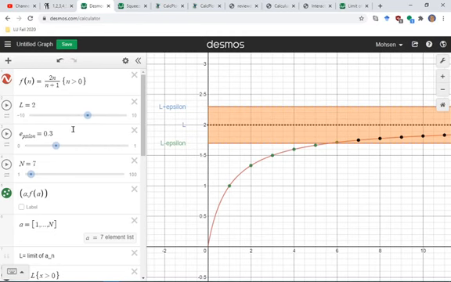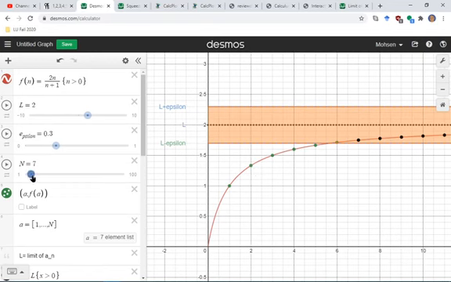I'll give you an epsilon. That epsilon creates this band. Let's think about this band as a trap, and these values of the sequence as an animal that is perhaps trying to avoid that trap.